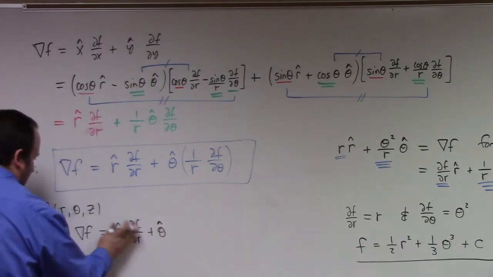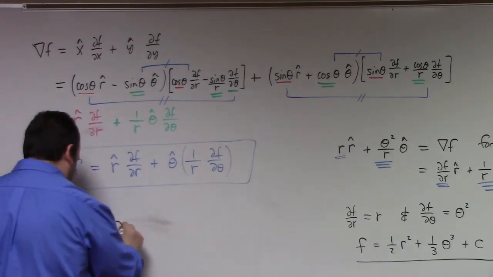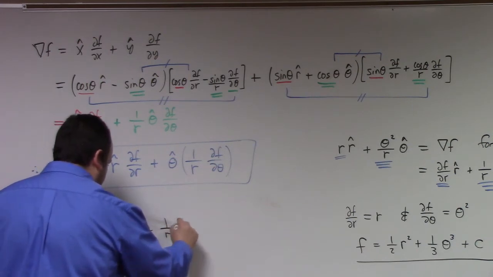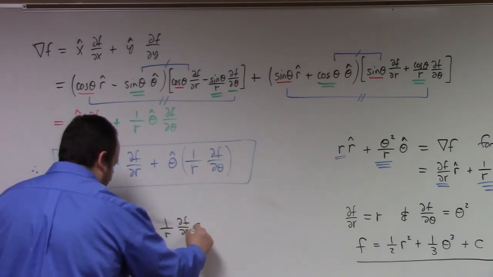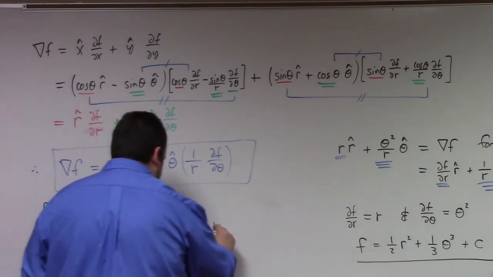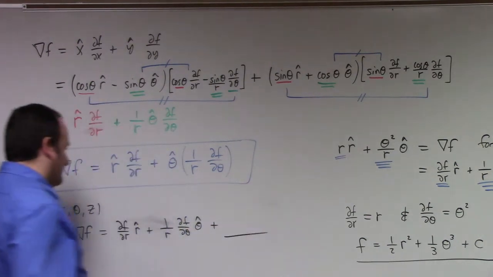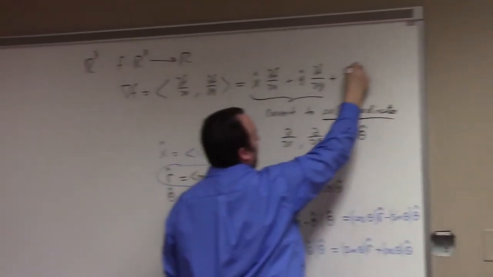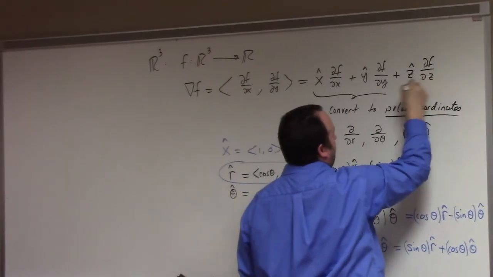You know, I don't like to write it this way. Partial f partial r, r hat, plus 1 over r partial f partial theta, this feels better, theta hat. And then finally, what goes last? If I erase this 2 and put a 3 here, what changes? We just add this term, right?